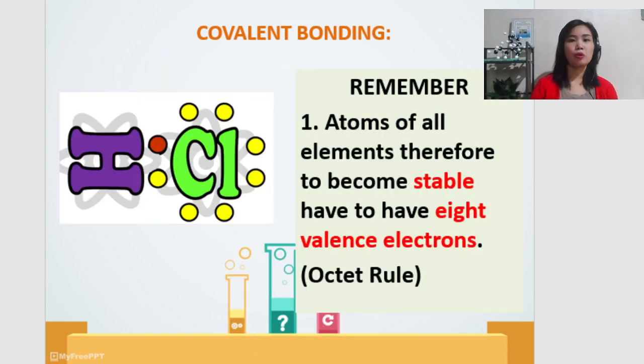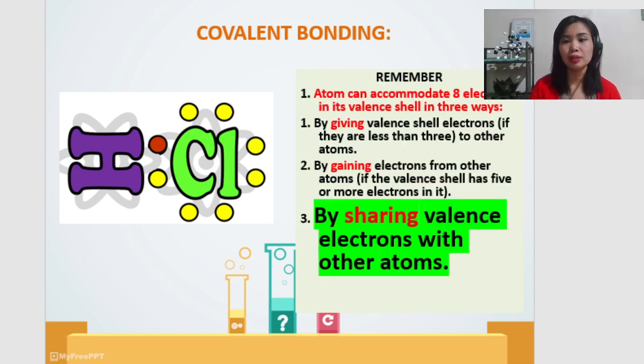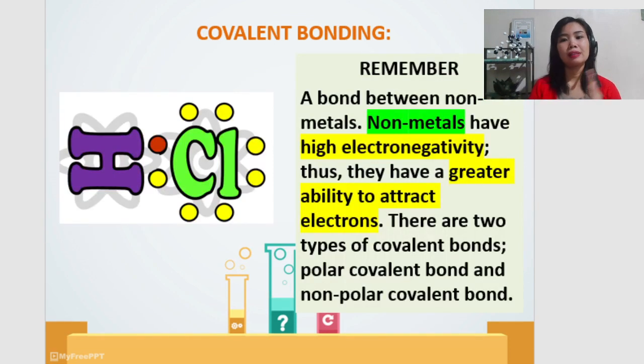Okay, so before we will end this, always remember that number one, atoms of all elements have to what? To become stable, have to have 8 valence electrons. That's according to their octet rule. And number two, in covalent bonding, of course, by sharing valence electrons with other atoms. And a bond between non-metals, okay?